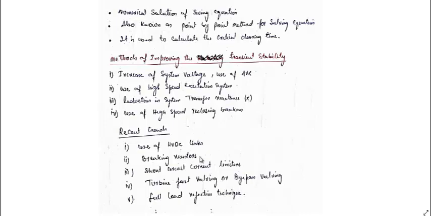Braking resistors are actually used in power systems, because in case of three-phase fault you can see that the electrical power will reduce. So whenever the fault occurs, electrical power reduces, whether it's a three-phase fault or any unbalanced fault. These braking resistors are used to increase the electrical power in the unbalanced faults.